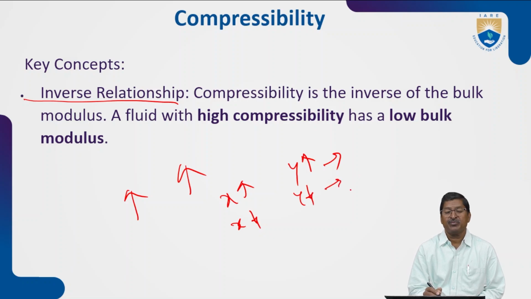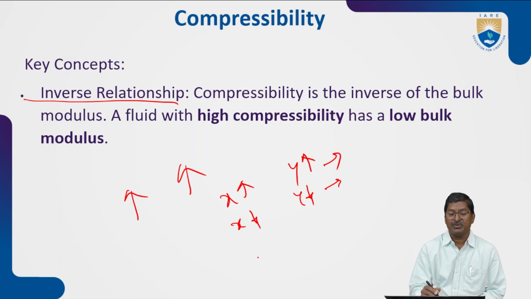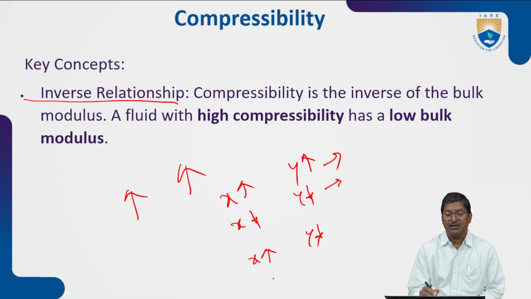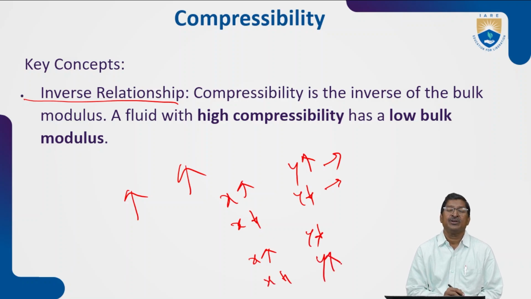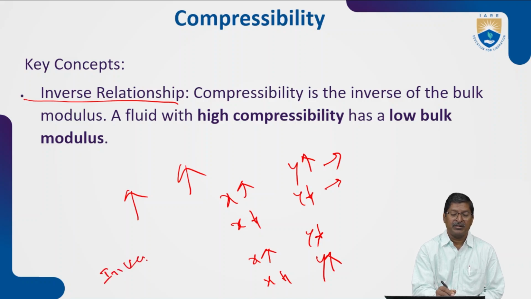And an indirectly proportional or inverse relationship is when X is rising, Y is falling, or X is falling, Y is rising. That is called an inverse relationship, or indirectly proportional.